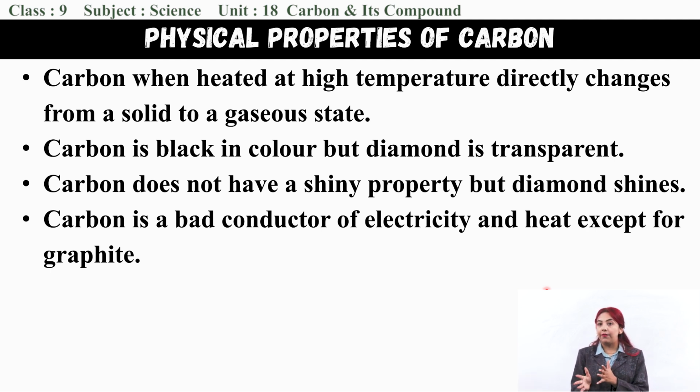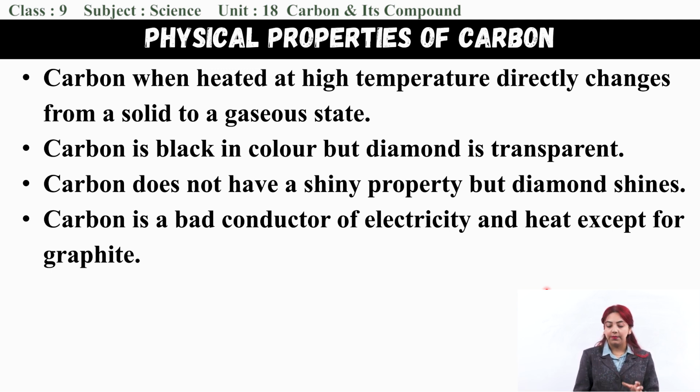But in the case of graphite, as I also mentioned previously, out of all those 4 valence electrons, only 3 of them covalently bond with the neighboring carbon atoms, and each carbon atom has 1 free electron in its valence shell. Due to the presence of a large amount of free electrons in graphite, it can conduct heat as well as electricity.